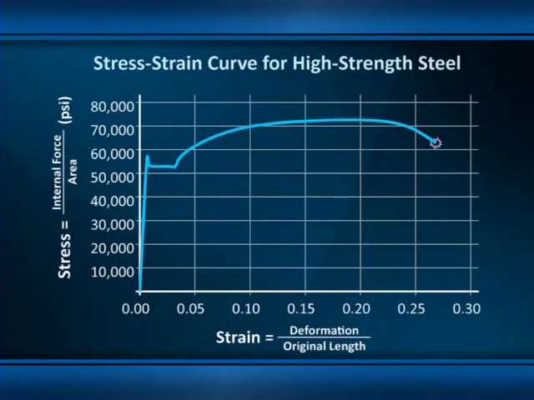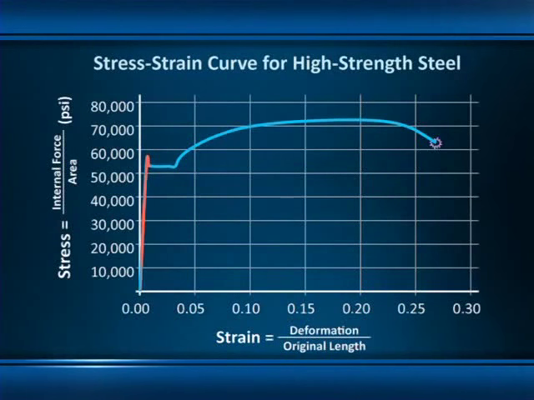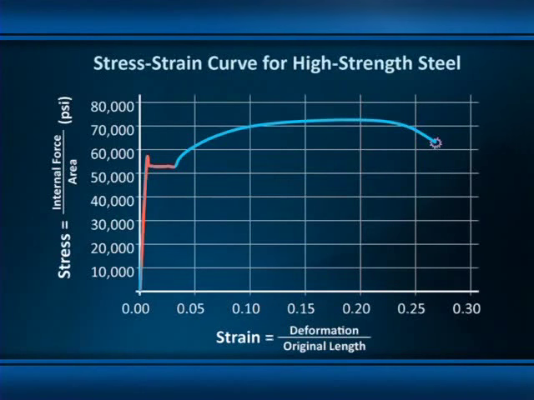Now, continuing our tracing of the path of the stress-strain curve, as the load increases beyond this point, at a stress up around 55,000 psi, something very interesting happens. The stress-strain curve abruptly peaks, then it drops off a bit, and then it becomes horizontal, meaning that large strains are occurring with no increase in stress at all.